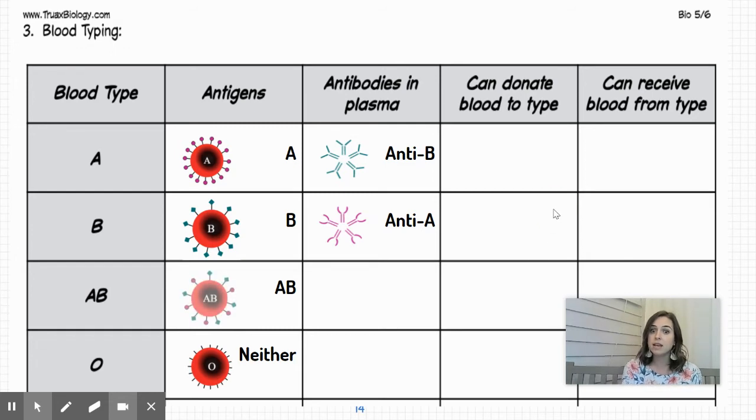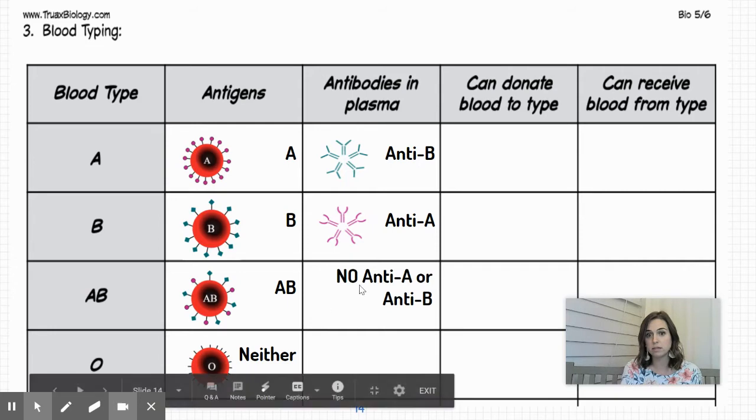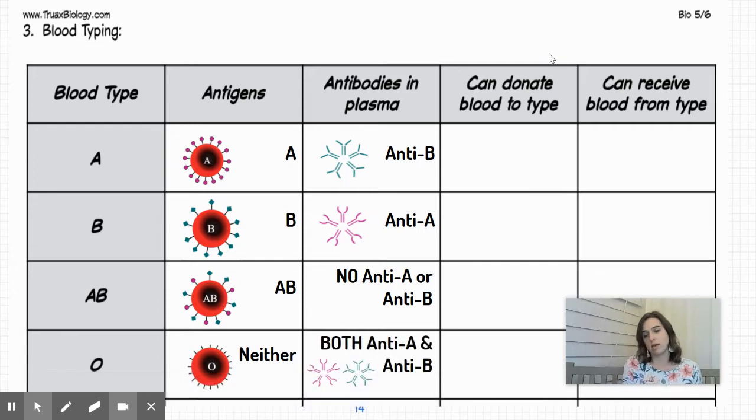ABs have none. So no anti-A or anti-B. So don't draw anything here. And then for the O blood type, it's going to have both anti-A and anti-B on there. So O is going to attack anything that's not O because it's got both. AB won't be attacking anything because it doesn't have any antibodies.